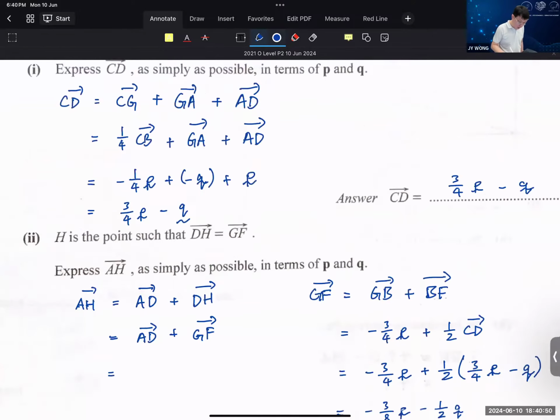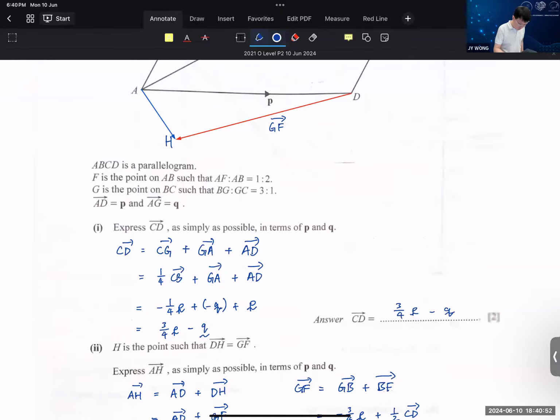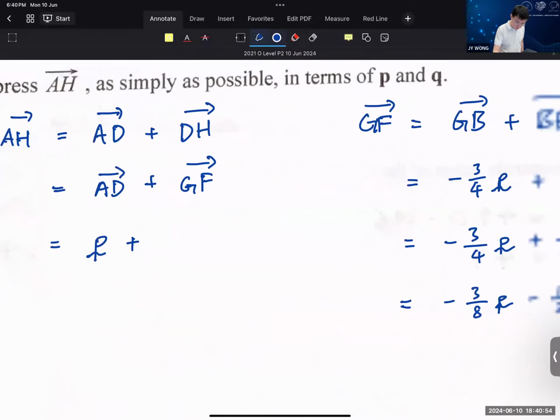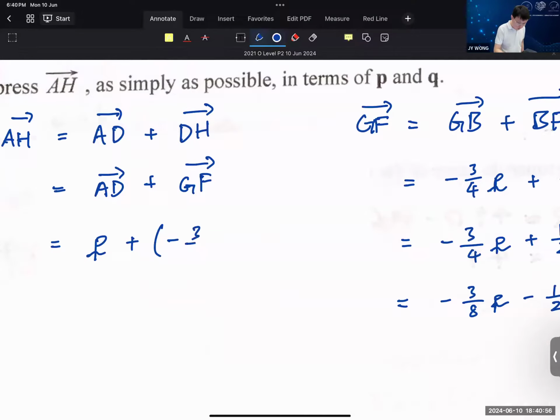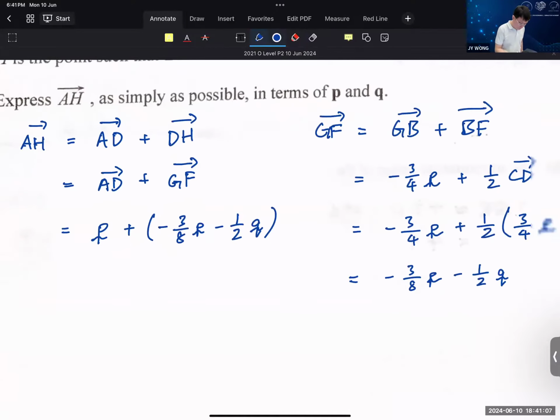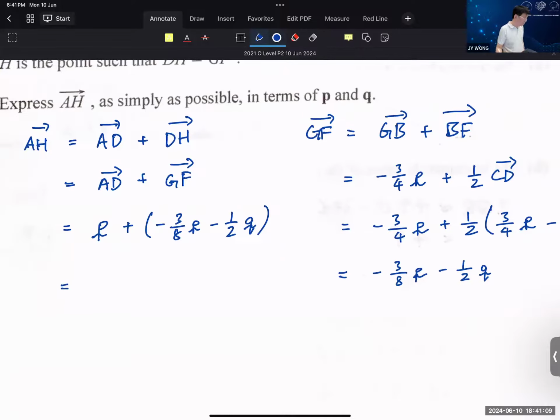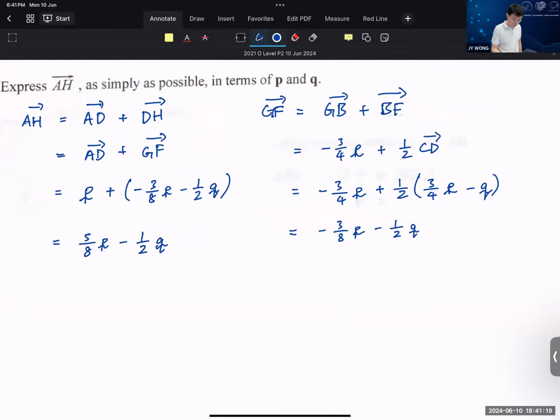AD is vector P. GF is negative 3/8 P minus half Q. And therefore, you will have 5/8 P minus half Q. Done.